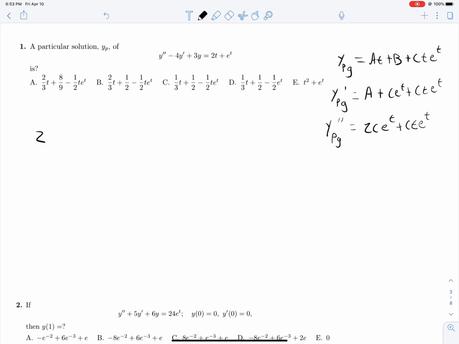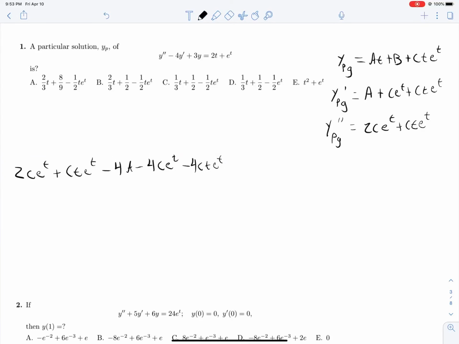So we will have 2c e to the t plus ct e to the t minus 4a minus 4c e to the t minus 4ct e to the t. Going to need to make a little more space here.